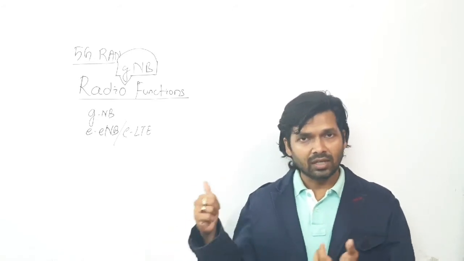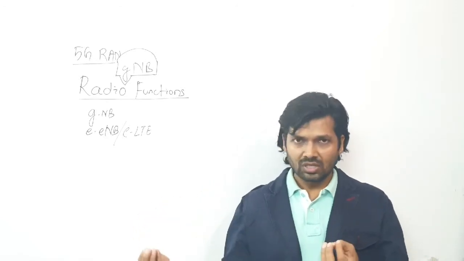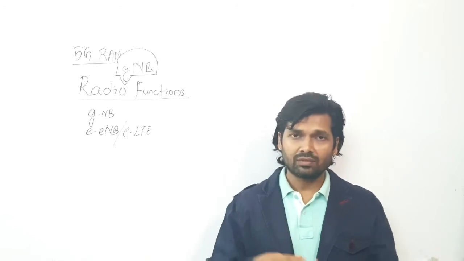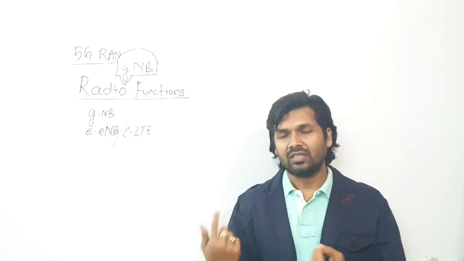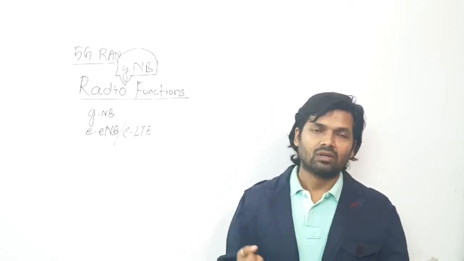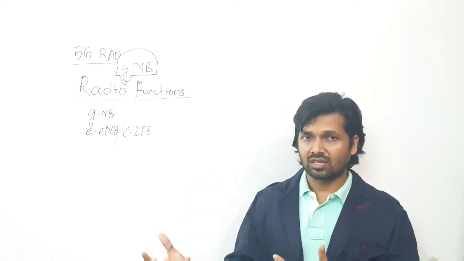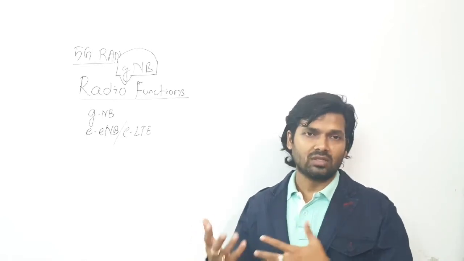In NR, let's say you have millimeter wave range, or below 7 GHz some other frequency, or maybe in LTE you have TDD and two FDD bands. So you share the radio access network between different frequencies also, and also with different radio access technologies, like between LTE and NR or between LTE and 3G and all of that.